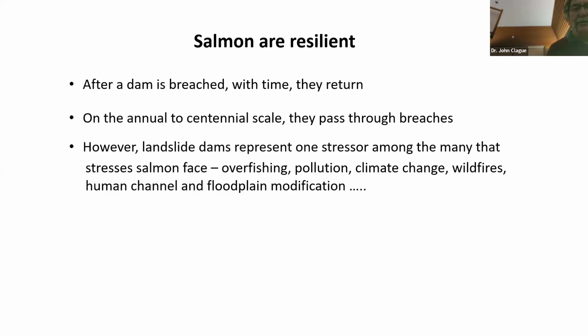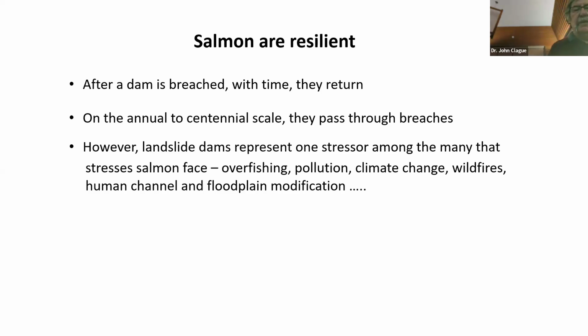They just managed to do that. So on that shorter time scale, annual to centennial, they pass through the breaches and continue to maintain spawning populations in areas that might be blocked temporarily by these barriers. That's a sort of good news story.